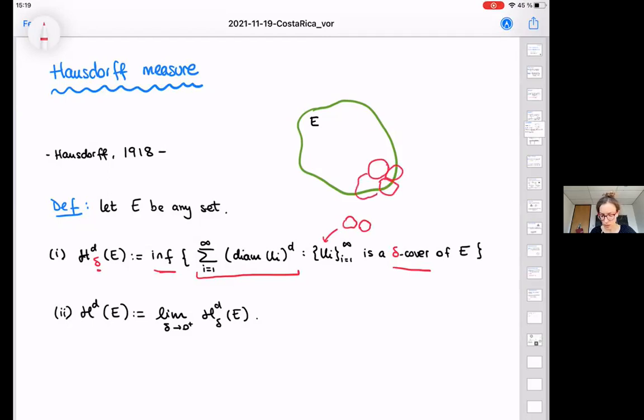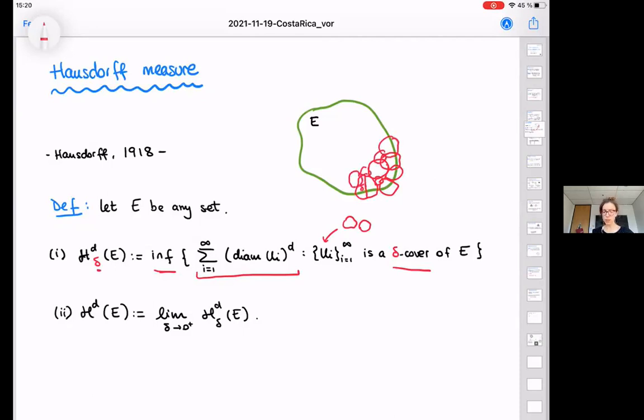They don't have to be all the same, and they can overlap. The only thing that we are asking is that the diameter of these sets cannot be larger than delta. So the largest one will have diameter delta, could be something that's smaller.